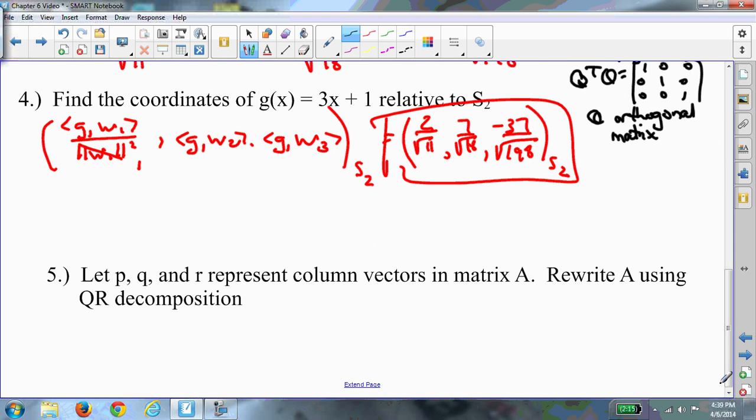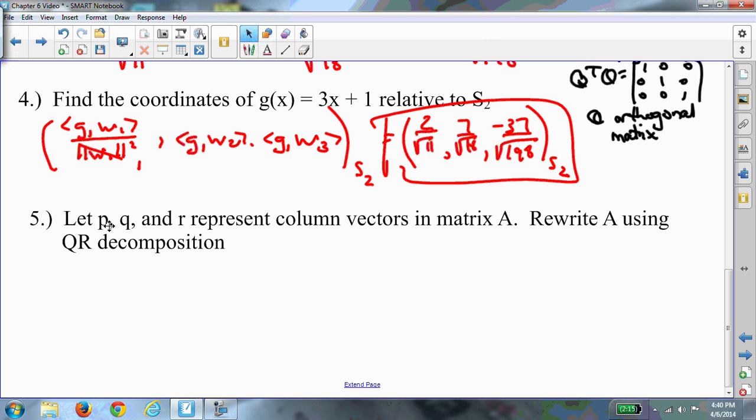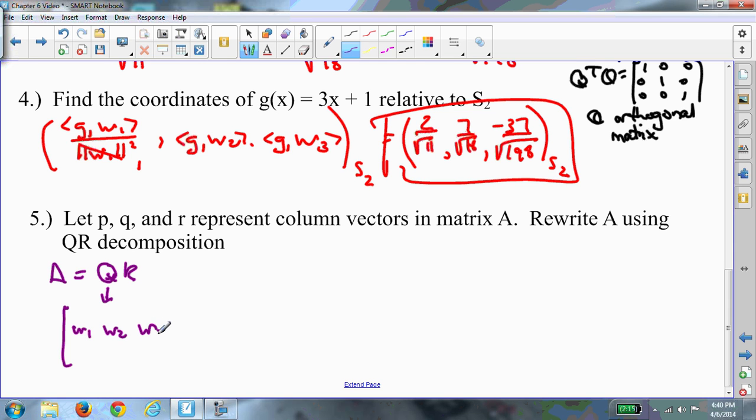Let's see. Okay, the last thing we did after Gram-Schmidt was talk about what was called QR decomposition. So I want to review QR. Basically, A equals QR. Q is your orthonormal vectors, so in this case it would be W1, W2, W3, written in column format. R is the upper triangular matrix, basically made up of inner products.